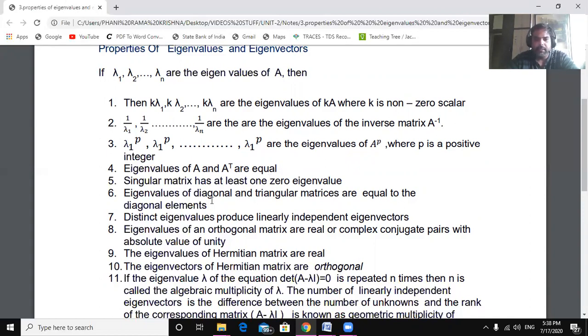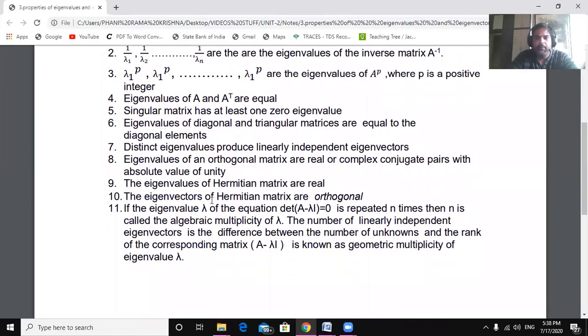Now, eigenvalues of matrix A may be real and distinct, real and repeated, or complex. If the eigenvalues are real and distinct, then the corresponding eigenvectors are linearly independent.